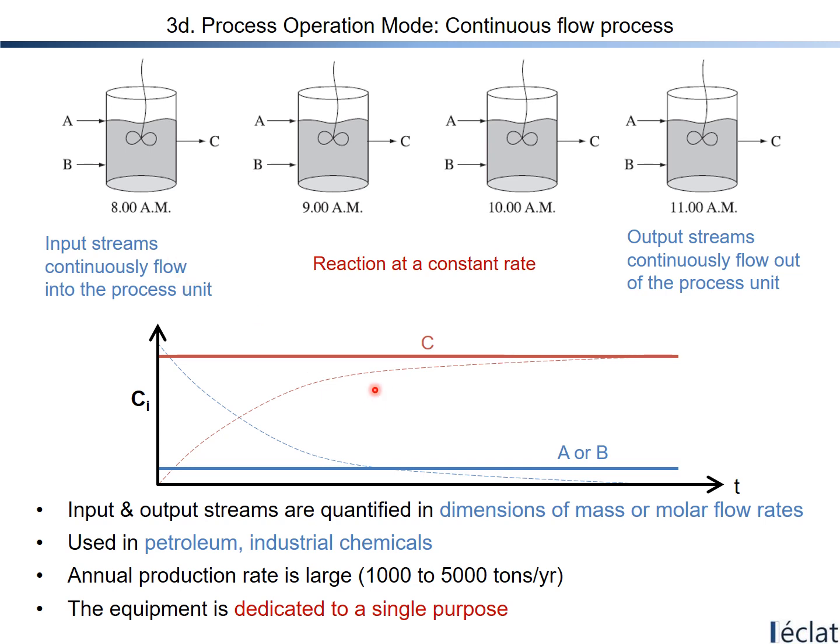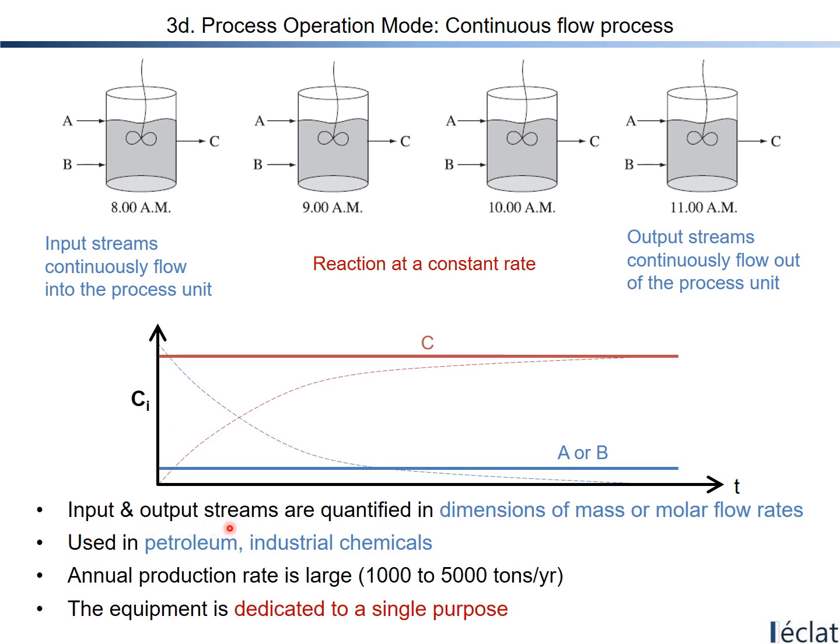So the most important characteristic of continuous flow process is time independency of concentration. The dashed line indicates the profiles of batch reactor. There is a big difference between the batch mode and continuous mode.